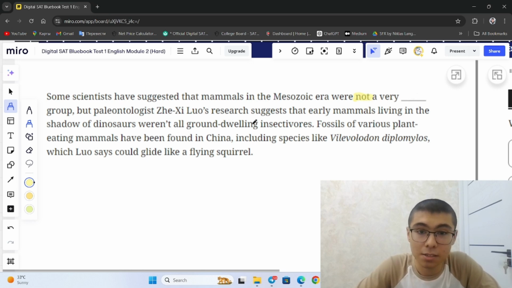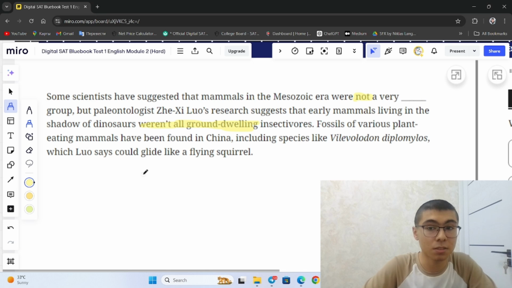But someone's research suggests that early mammals living in the shadow of dinosaurs weren't all ground dwelling. Okay, fossils of various plant-eating mammals have been found, various, that's important, in China, including species like those which Luo says could glide like a flying squirrel.